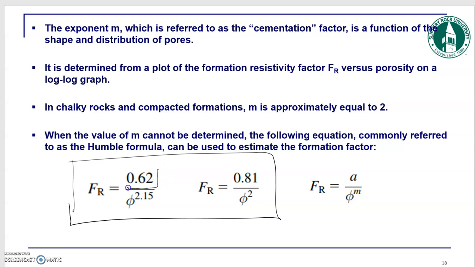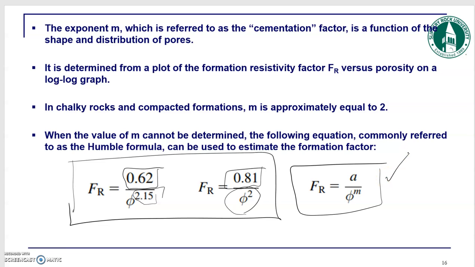So he put a factor of 0.62 divided by porosity to the power of 2.15, or 0.18 divided by porosity squared. So these are formation resistivity factors. And FR, if you write a general equation, can be written as A over porosity to the power of an exponent, the cementation factor. So this is a very general relationship.